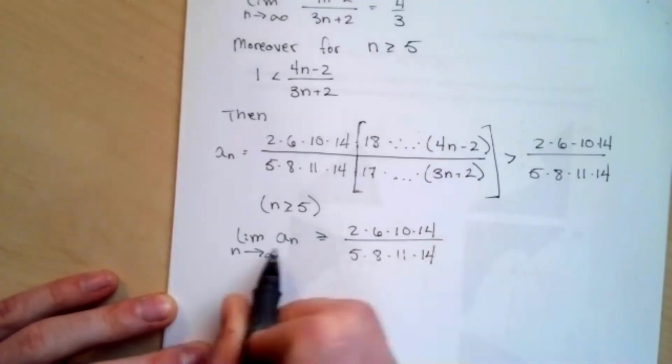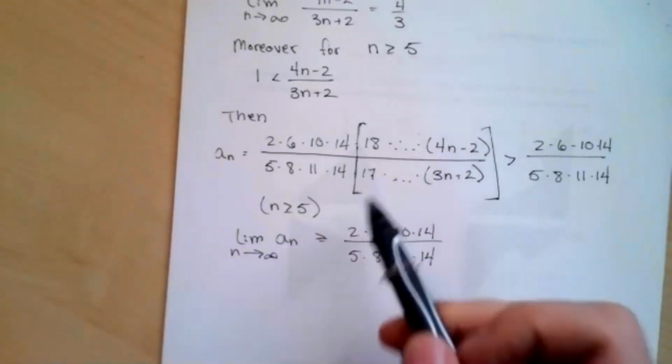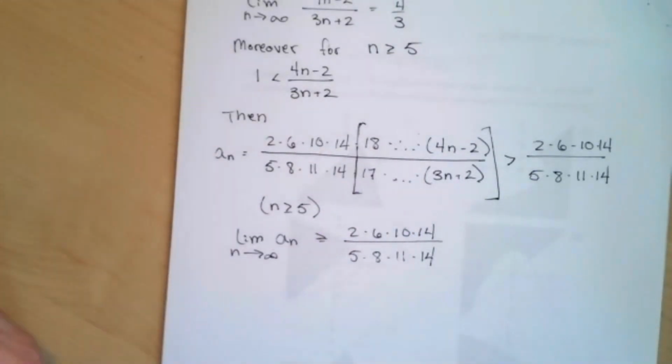Which means the limit of the sequence, we could actually show that the limit is going to go to infinity, or argue along the lines that it should go to infinity, simply because we're taking a product of terms. We are multiplying again and again by a number that is bigger than 1.